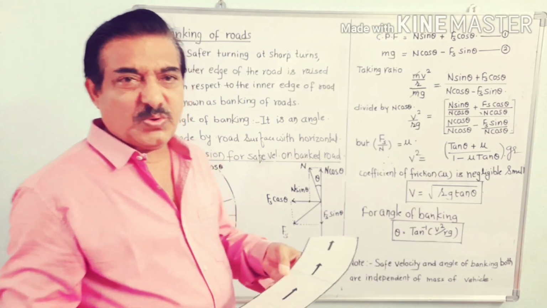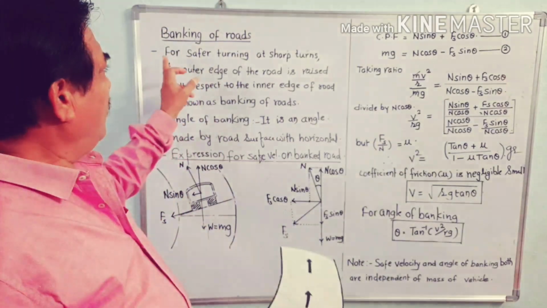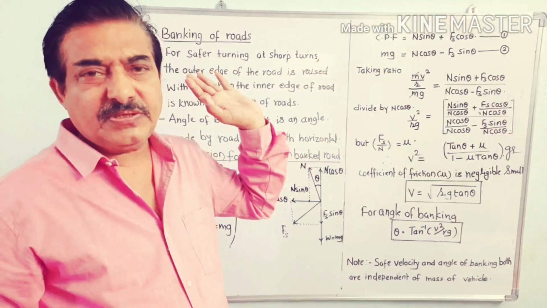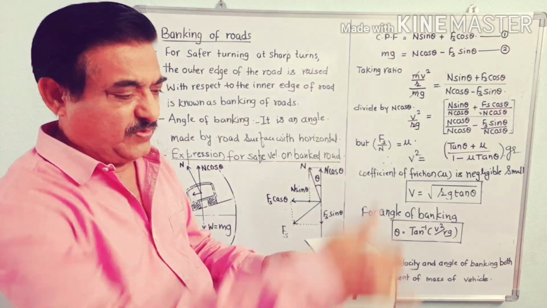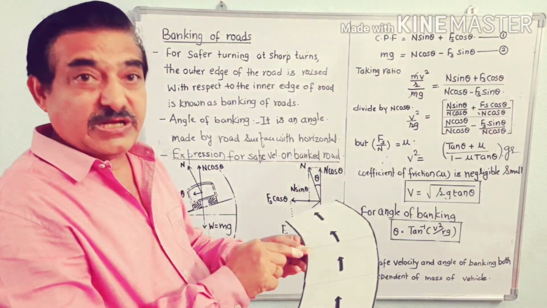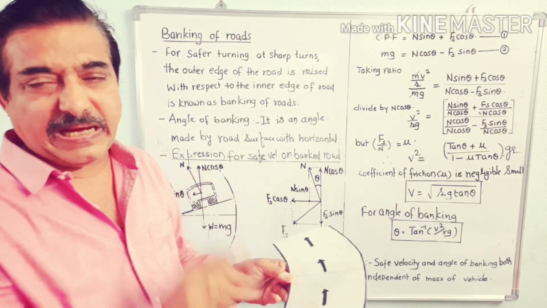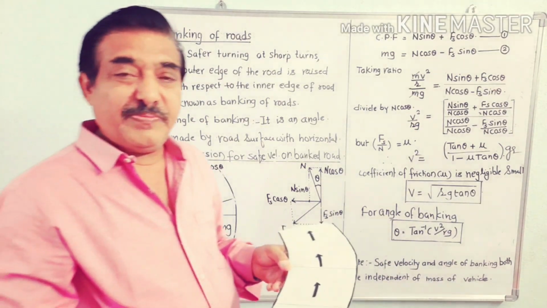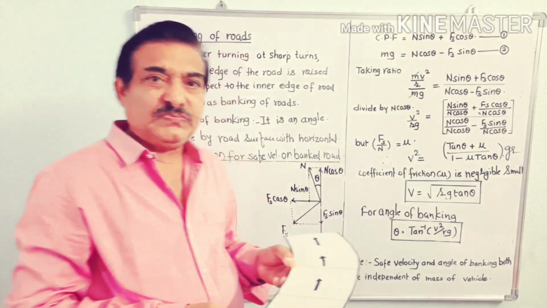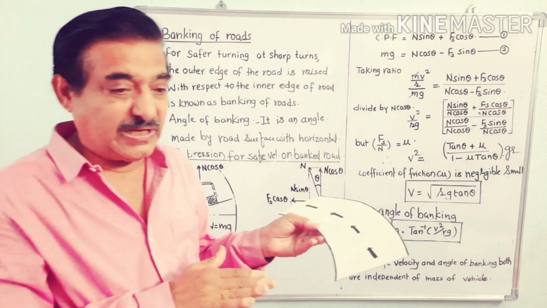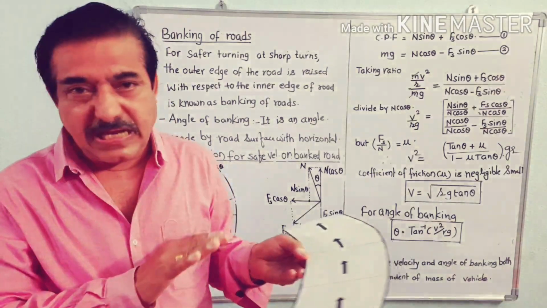So banking of roads is defined as: for safer turning at sharp turns, the outer edge of the road is raised with respect to the inner edge of the road. That is called banking. And what is meant by angle of banking? The angle made by the road surface with the horizontal is called the angle of banking.